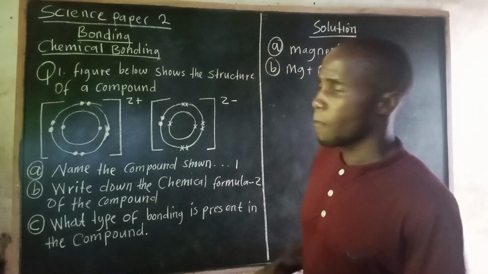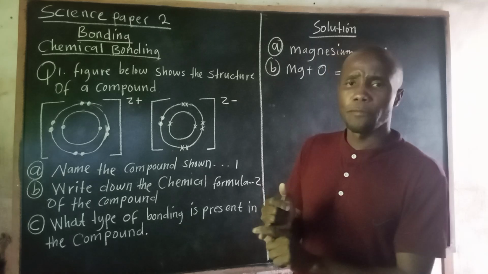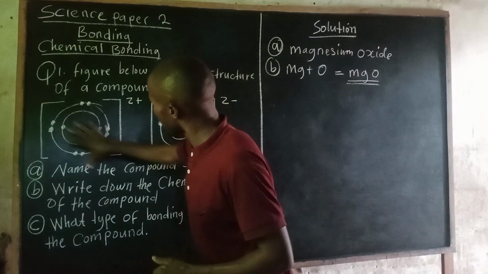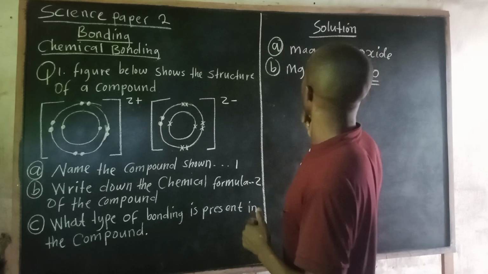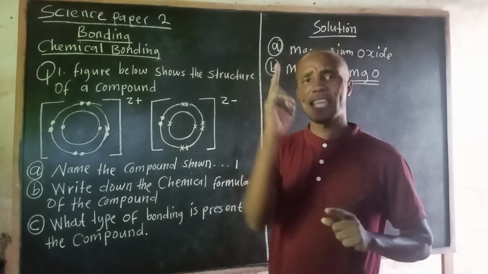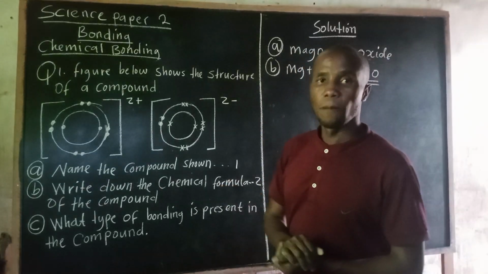Apart from that, the other difference is that an ionic bond involves a non-metal and a metal. Magnesium is a metal and oxygen is the non-metal. So when these two react, the type of bonding which is there is ionic bonding.